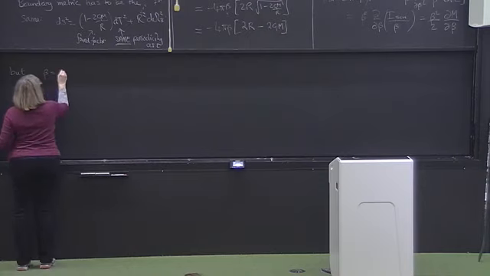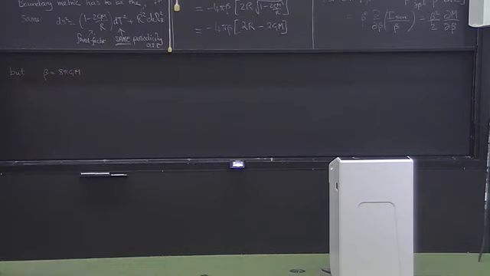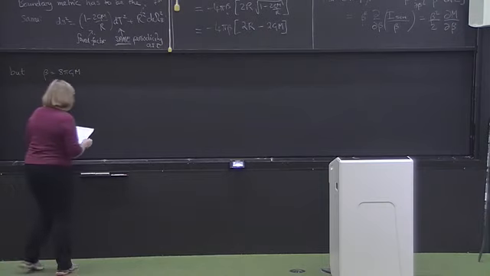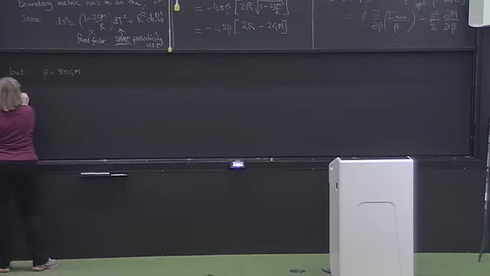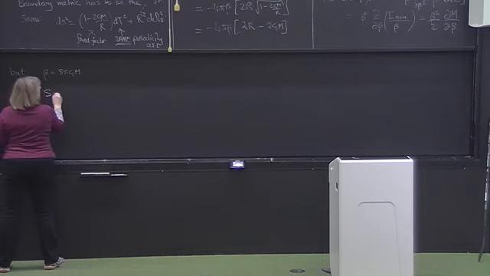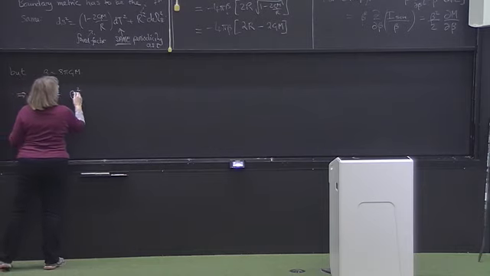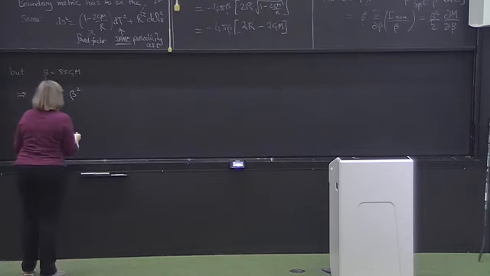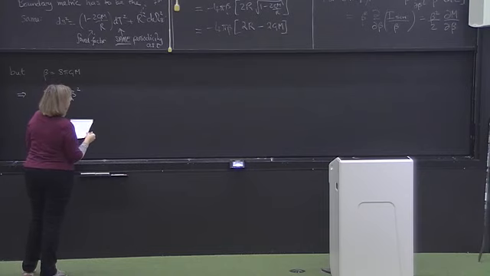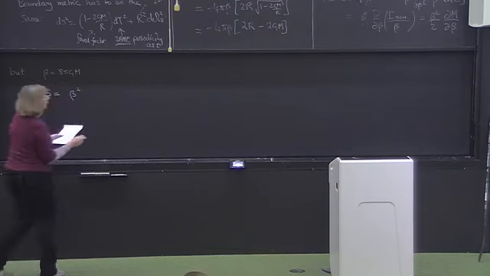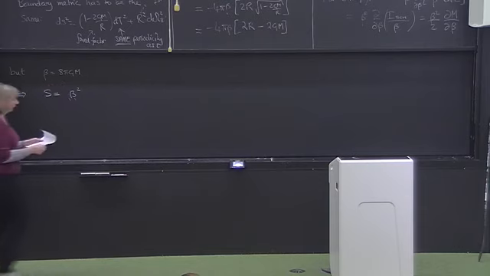So beta is 8 pi GM. So therefore, dM d beta is just 1 over 8 pi G.